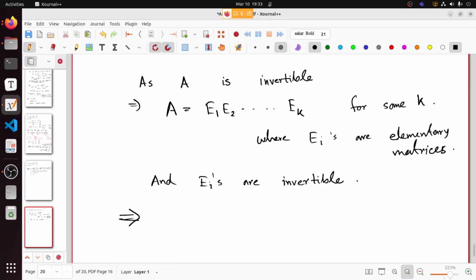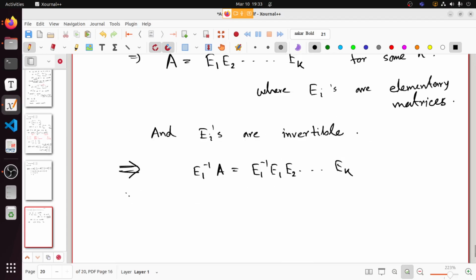First multiply on the left by E1 inverse, then what will you get? You will get E1 inverse A equals E1 inverse E1 E2 dot dot dot Ek. So E1 inverse A is E2 E3 dot dot dot Ek.